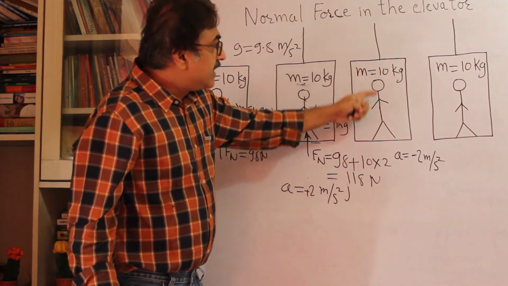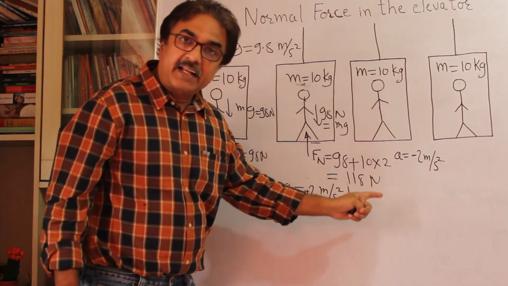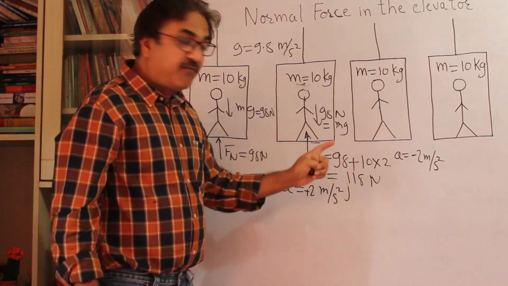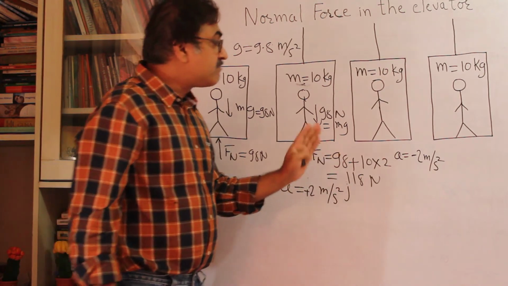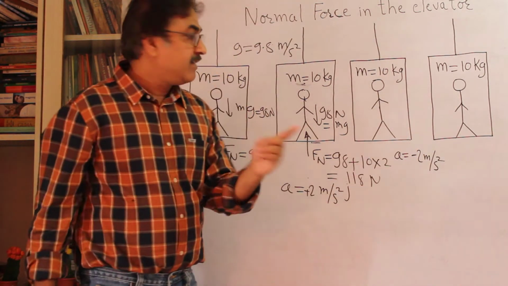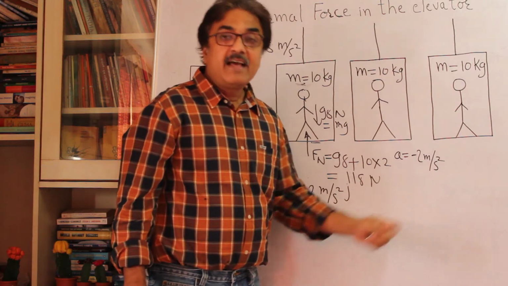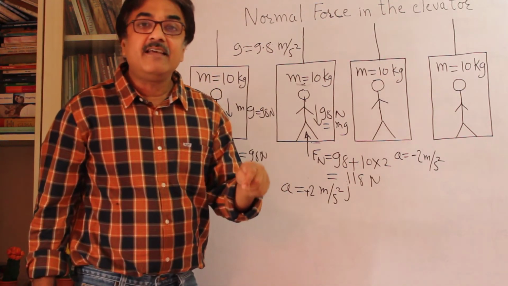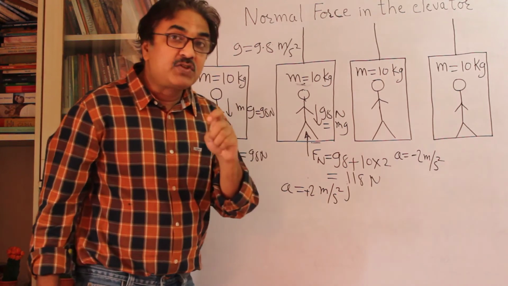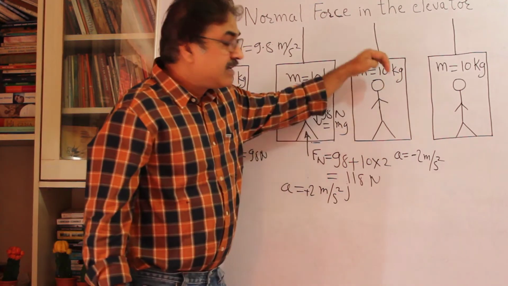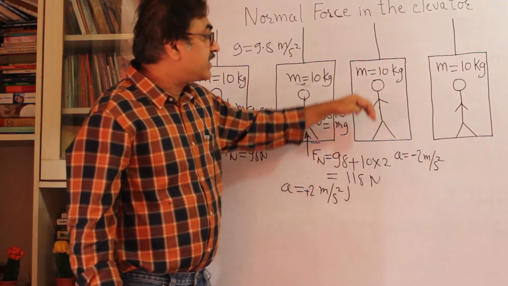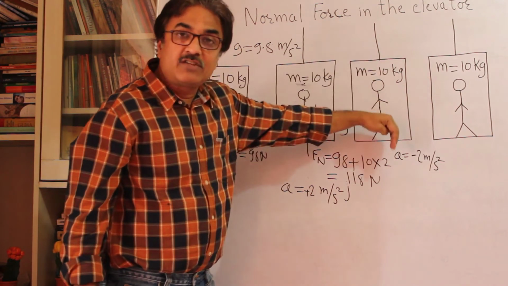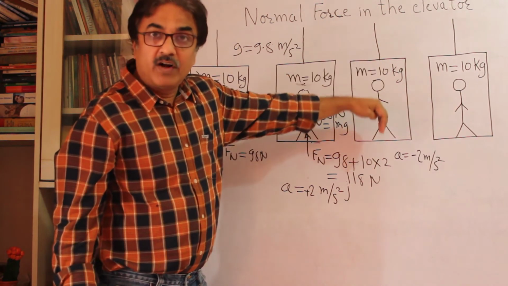Again, the weight is going to be acting downward, right? Net force is mass into acceleration. It is again 10 into 2, 20, and it has to be in downward direction, right? That means if net force is to be in downward direction, the 98 is also in downward direction.